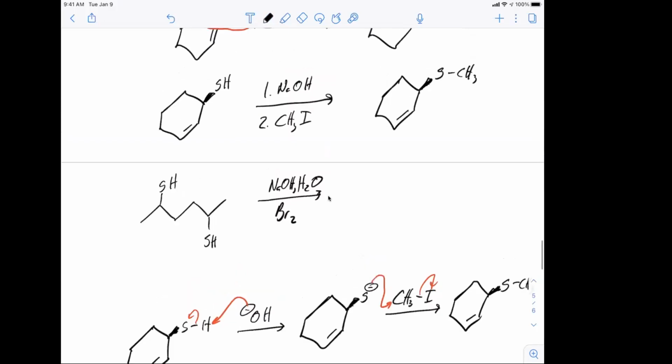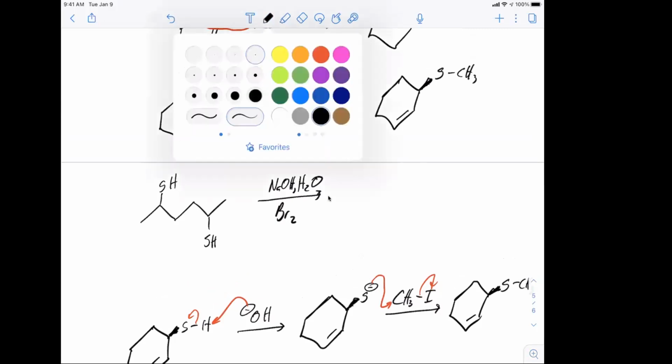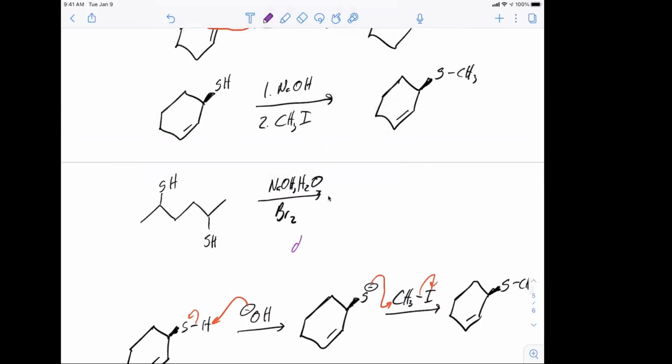And then the last one, we get the disulfide. But notice here, this is going to create a disulfide reaction. I start with a thiol. I have the sodium hydroxide and bromine, which is a mild oxidant. And look, 1, 2, 3, 4, 5, 6. So I'll be able to create an intramolecular reaction.